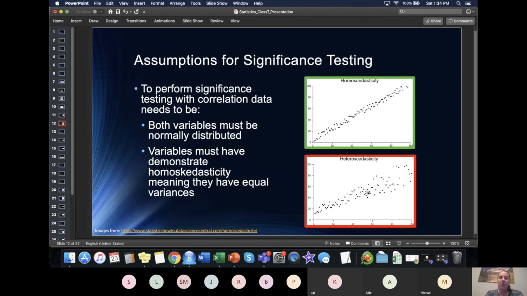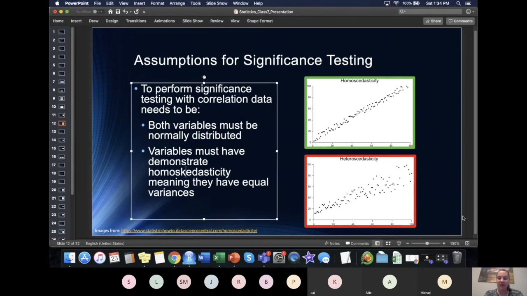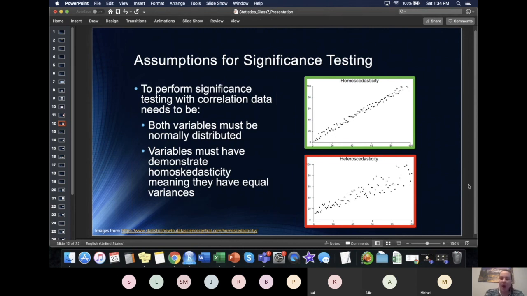That's a problem when you look at significance testing of a correlation coefficient. So that's what I mean here. And I'm pretty sure my spelling was right in that case. So that is heteroscedasticity versus homoscedasticity. You need equal variances, which is homoscedasticity. Are there any questions about that?